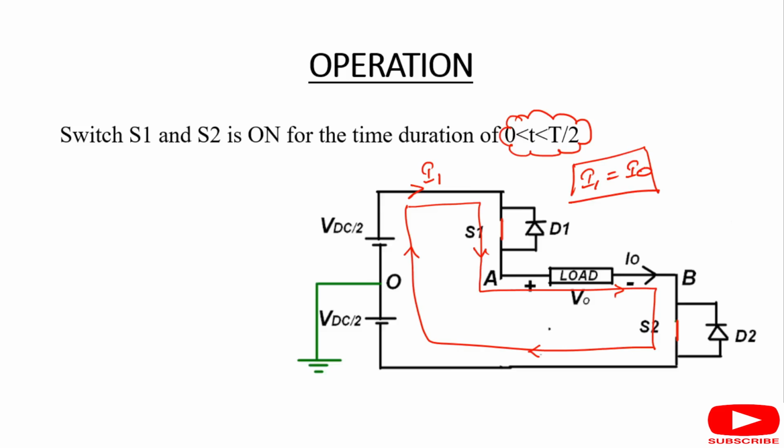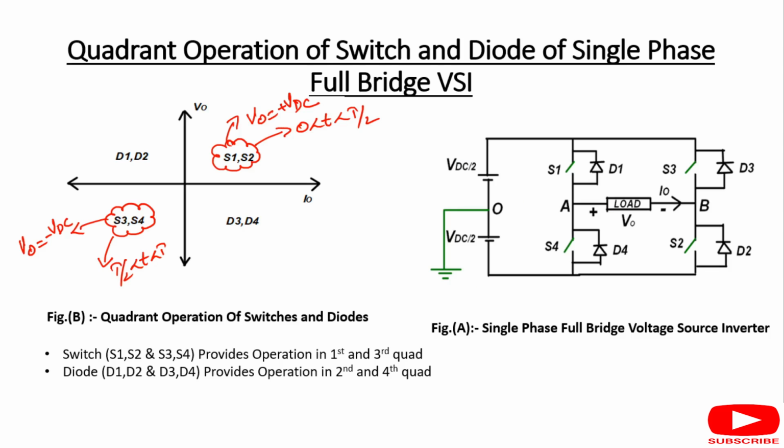So in the first quadrant, the current of the switching operation of S1 and S2 is I1 equals I0, and the current of the switching operation of S3 and S4 is minus I0.